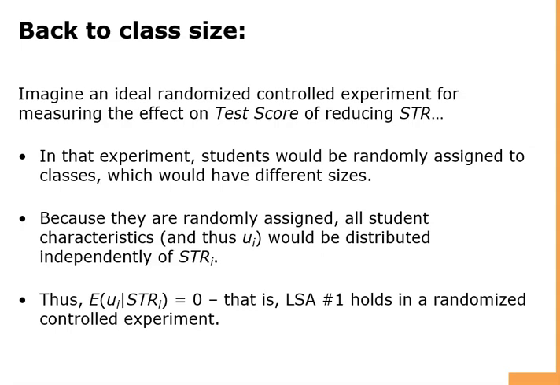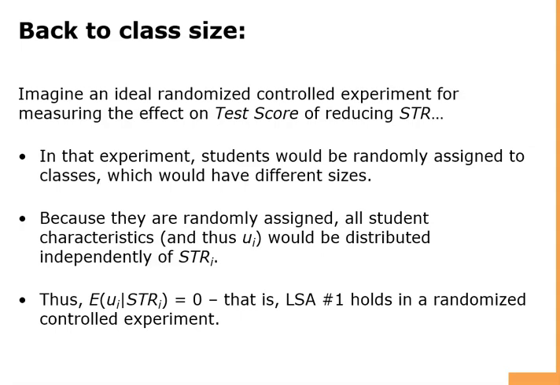Students would be randomly assigned to classes of different sizes. Because they are randomly assigned, all student characteristics, meaning everything in the U, everything in the residual, would be distributed independently of student-teacher ratio. In a sense, it would mean that the covariance between the student-teacher ratio and U would be equal to 0.